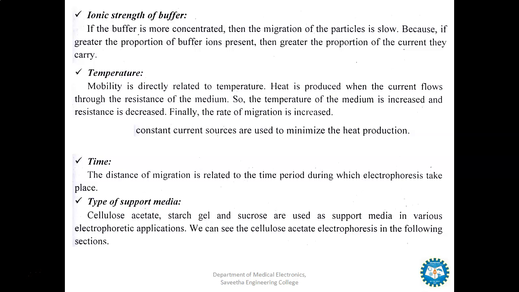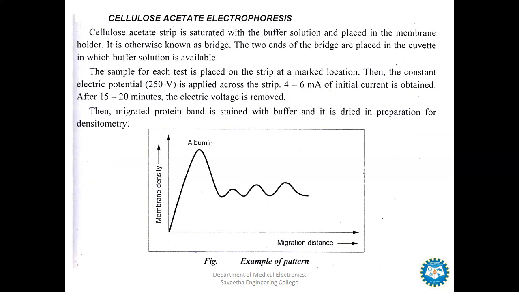We can see cellulose acetate electrophoresis in the following section. This is an example, and this is the main option which is used as a buffer solution. The cellulose acetate strip is saturated with the buffer solution and placed in the membrane holder, otherwise known as the bridge.